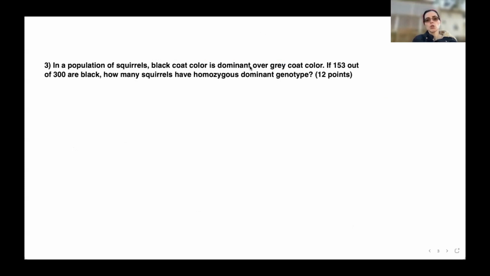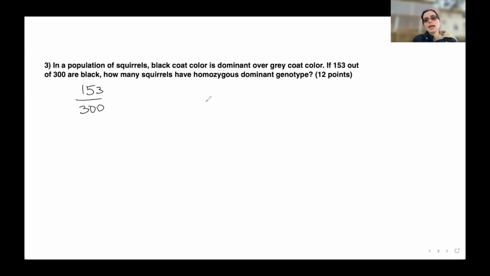In a population of squirrels, black coat color is dominant over gray coat color. If 153 out of 300 are black, how many squirrels have homozygous dominant genotype? So we are given this number: 153 over 300 are black.